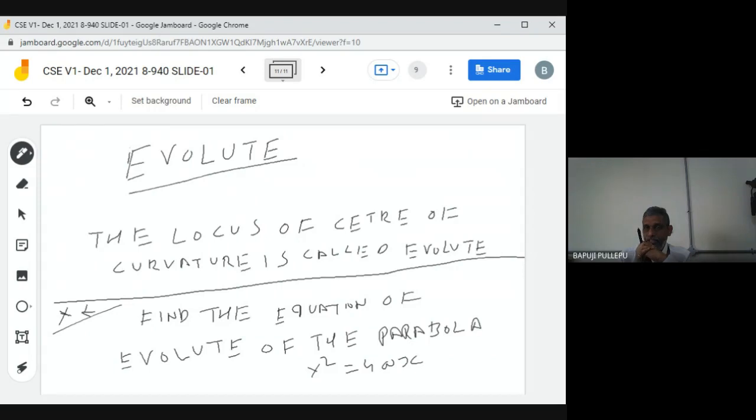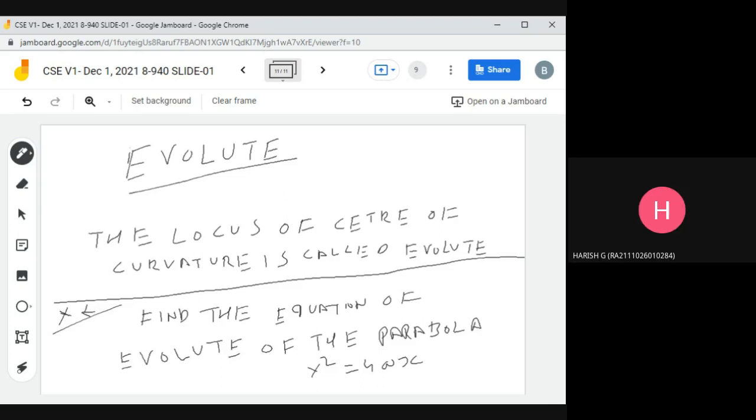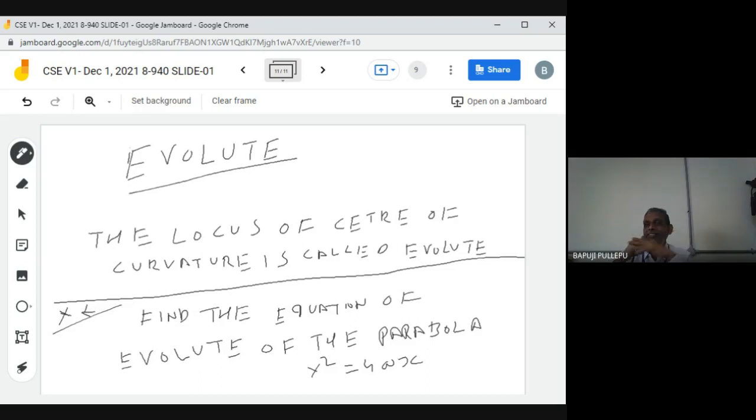If ct is multiplied by something, you have to get c square. Then y is equal to what? One by ct? One by ct means how will c square come? I want to get c square. C by t, sir. So now tell me, what is x? X is equal to ct, multiplied by c by t. T will cancel, c square will come. Correct or not?